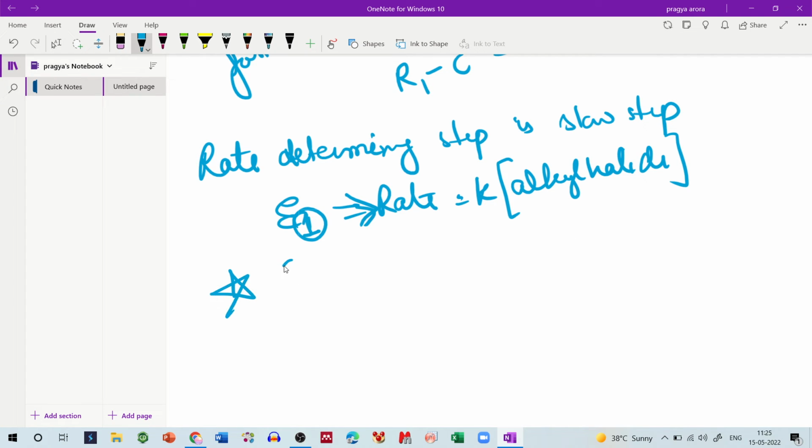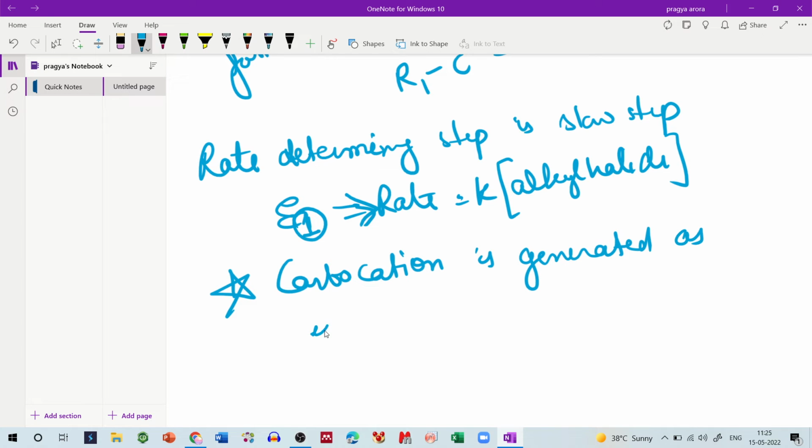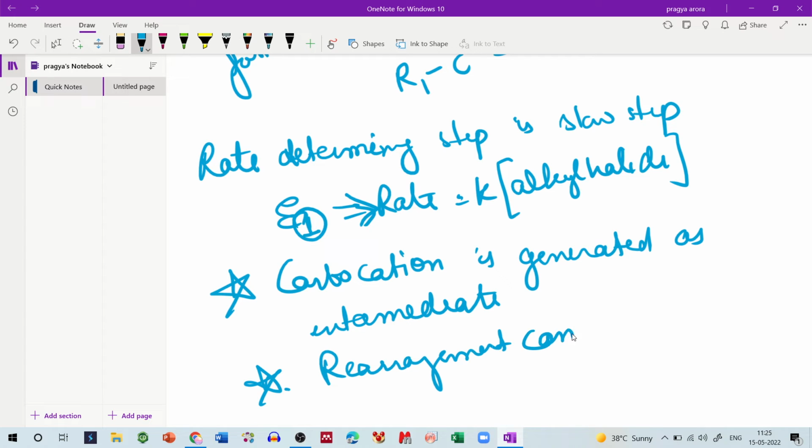Also, you observed that carbocation is generated as the intermediate. Since carbocation is generated, rearrangement can occur in order to stabilize that carbocation.